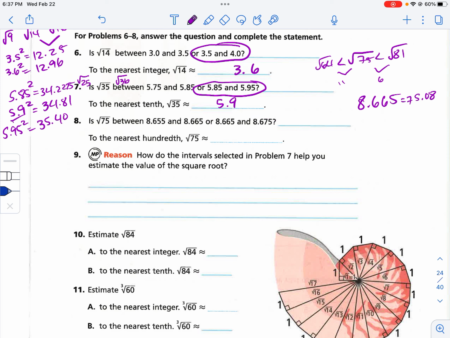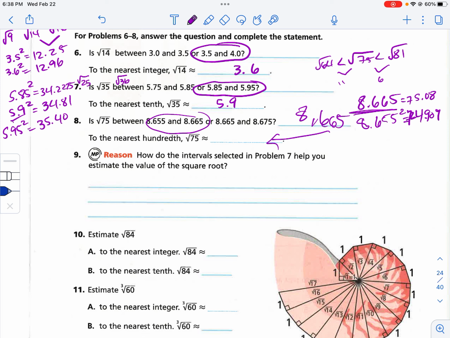It's actually going to be between these two. 8.655 times 8.655 is 74.909. So that's 0.09 away. So this is where it's closer to. So 8.665. Oops, that goes down there.